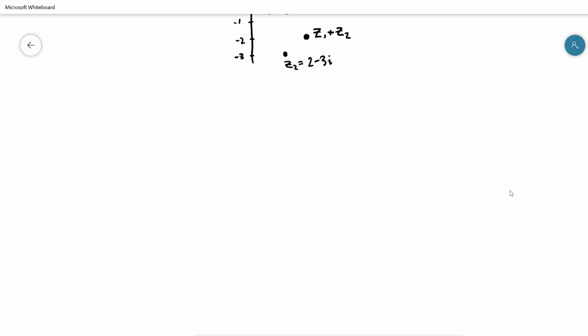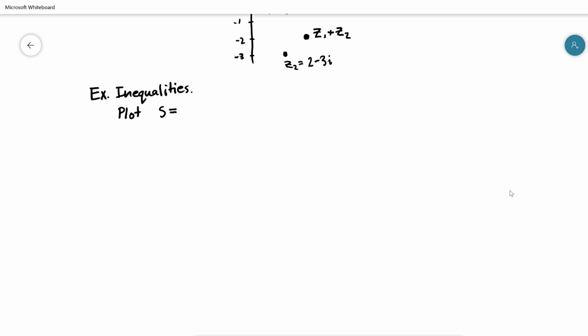As another example, I don't want to focus on it a ton, but we may see inequalities involving these complex numbers. So I may ask you to plot an entire region, and we're going to use what's called set notation. So let me go over this real quickly. Let me write it down and we'll go over what it means.